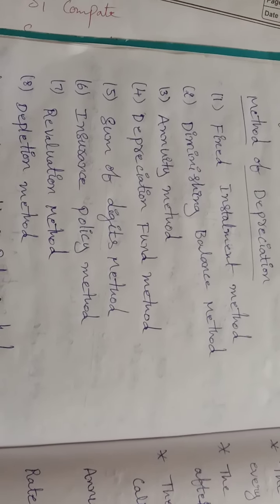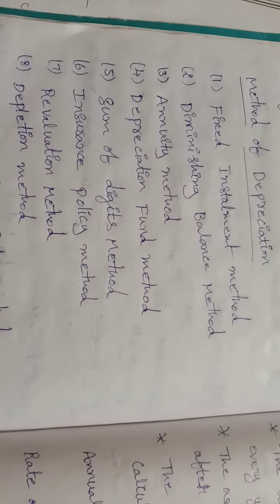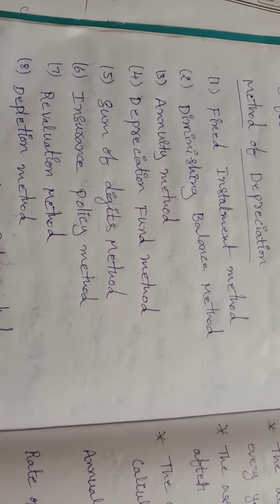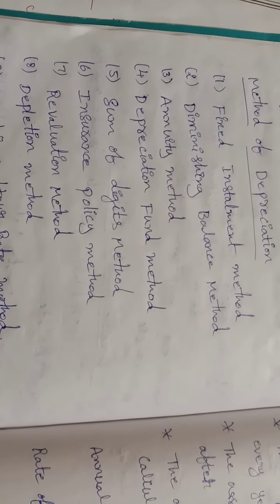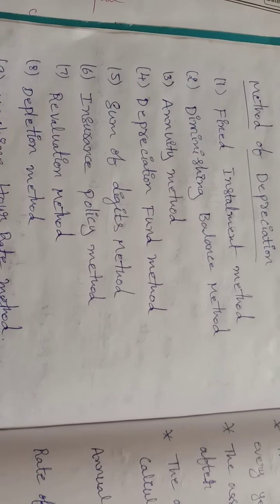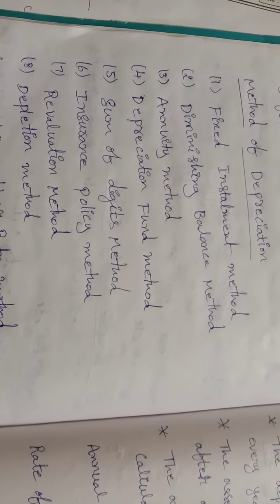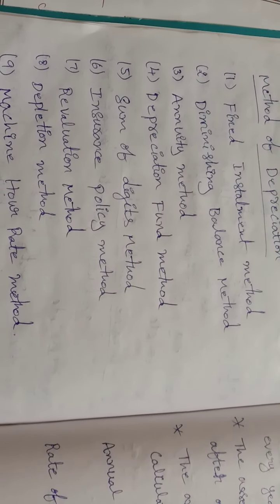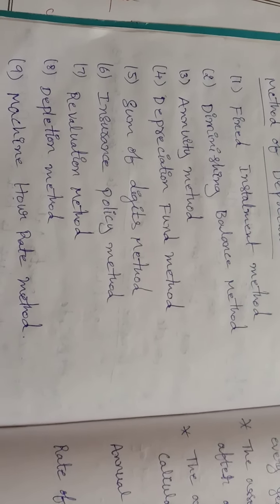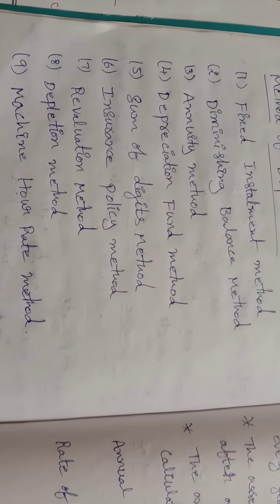Once again, repeating the methods. First one is installment method. Second one is diminishing balance method. Third one annuity method. Fourth one is depreciation fund method. Fifth one is sum of the digits method. Sixth one is insurance policy method. Seventh one is revaluation method.